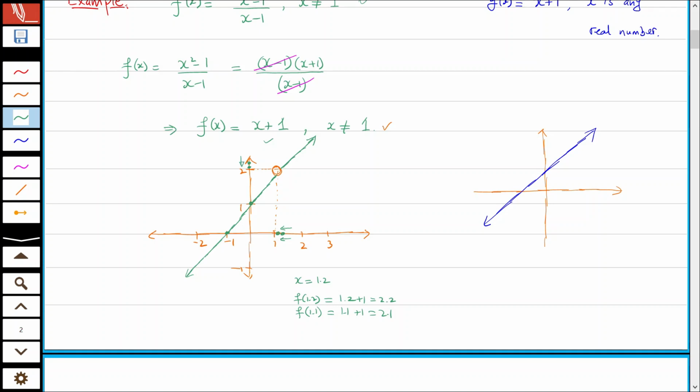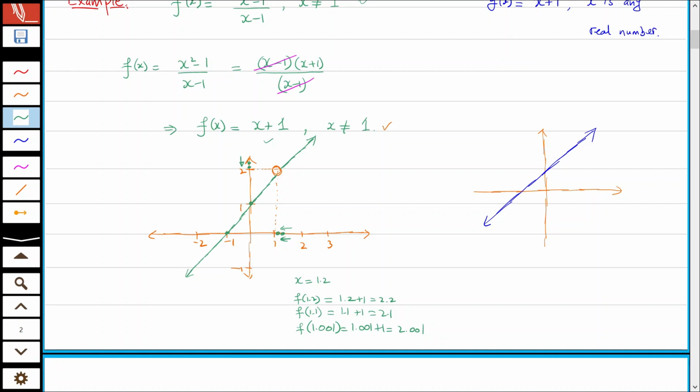I can go close to 1, as close as possible. I can try to compute f of 1.001, plus 1. This would be 2.001, but I cannot go exactly at 1.